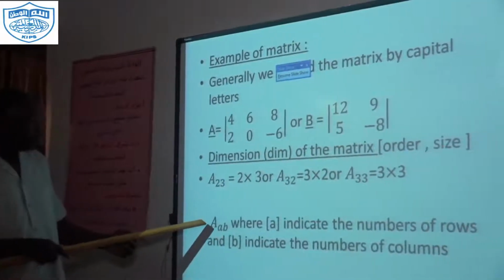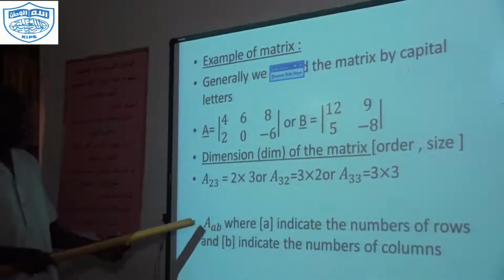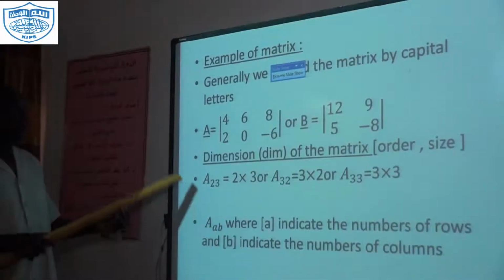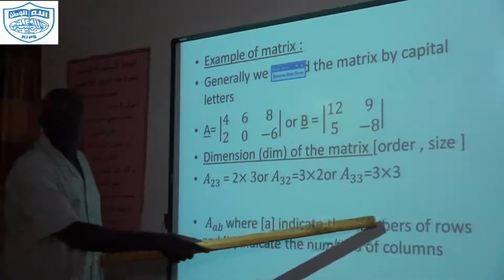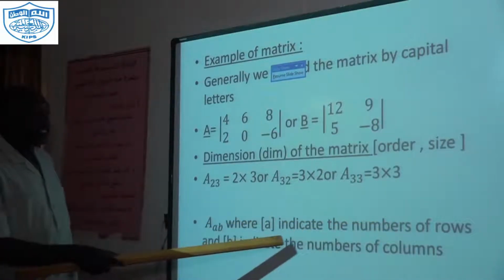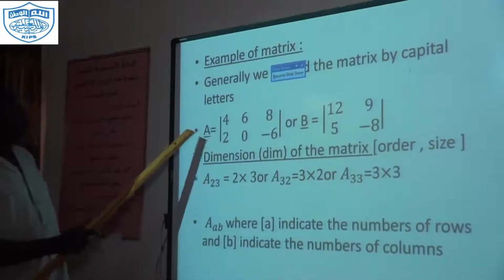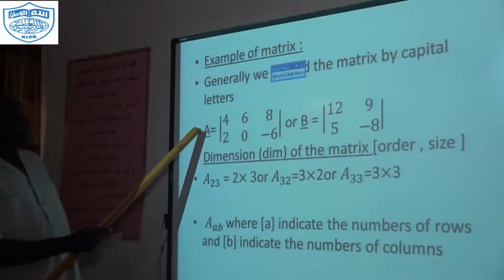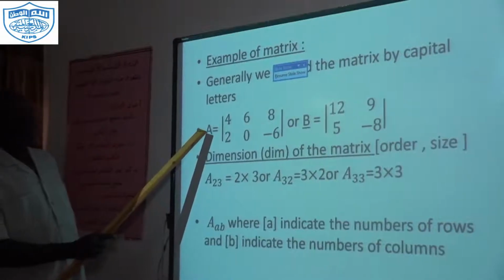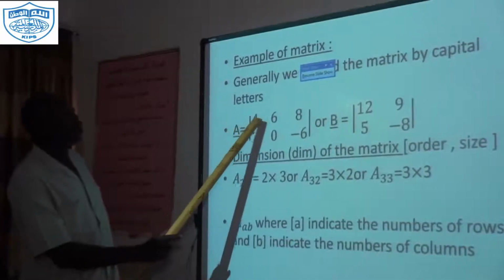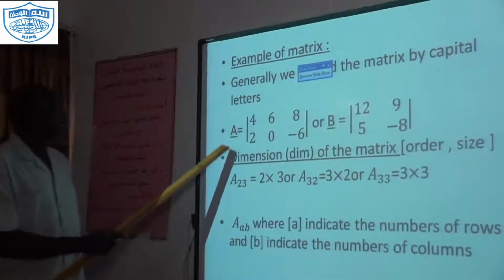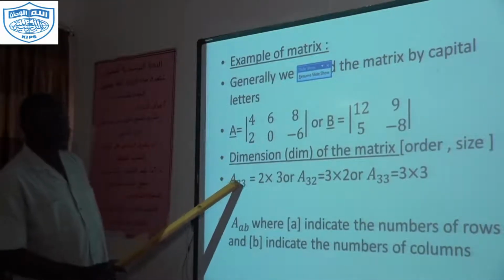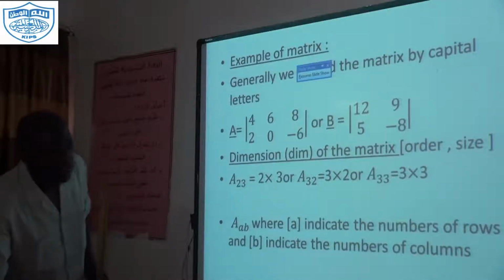Dimension a by b, where a indicates the number of rows and b indicates the number of columns. Returning to this matrix, it is of dimension 2 by 3. It means that it contains 2 rows and 3 columns. So we can write this matrix as A 2 3.